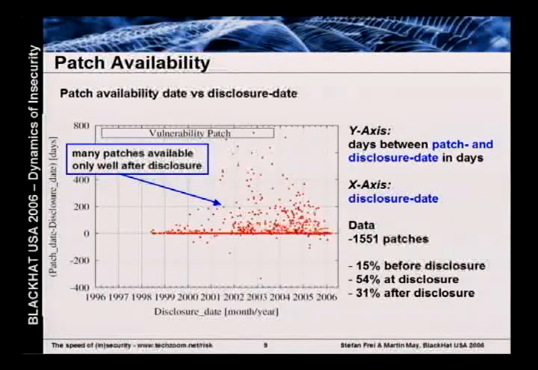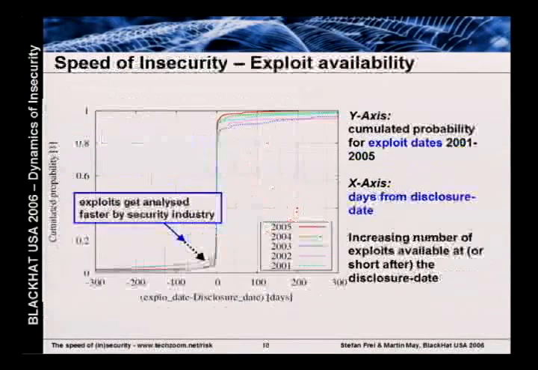To do some deeper analysis, we plotted the accumulated distribution functions. So what we see here, horizontally, we have again the time from or to the disclosure date. Disclosure date is 0. So we look at 300 days before and 300 days after disclosure.